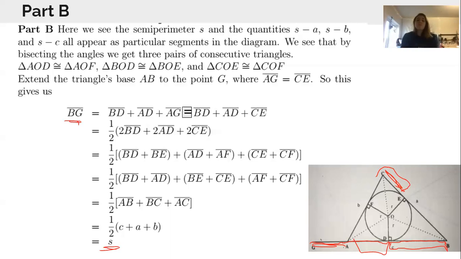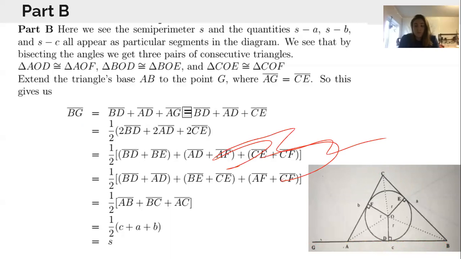So how do we prove that that's S? So when we keep moving, we see that BD and BC. So yeah, we've got to orient ourselves. So I'll do a few of these. Okay. Yeah, so 1/2 BD plus BE.